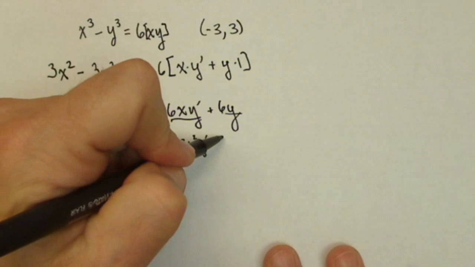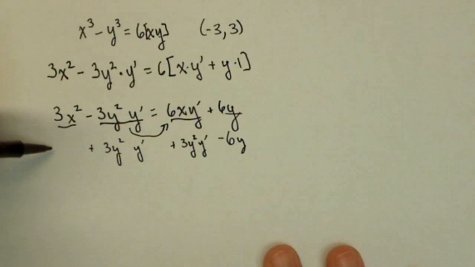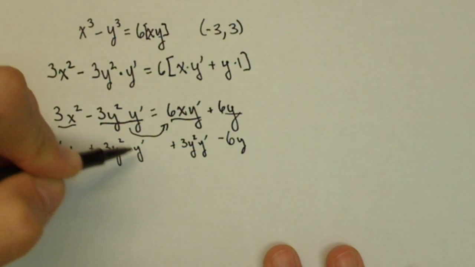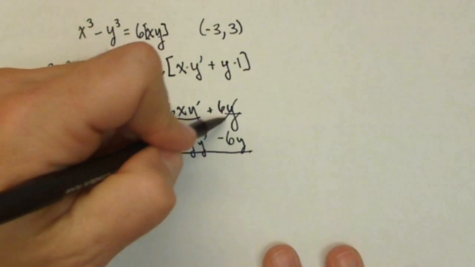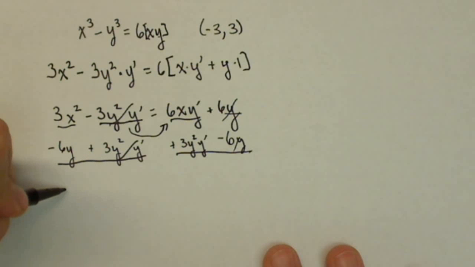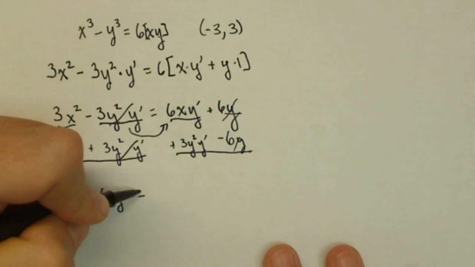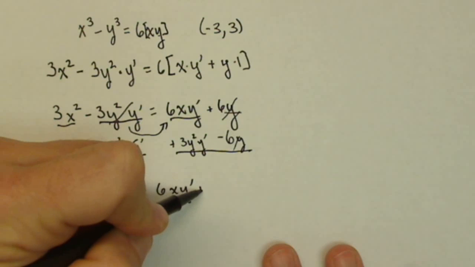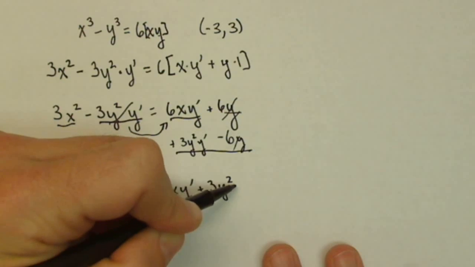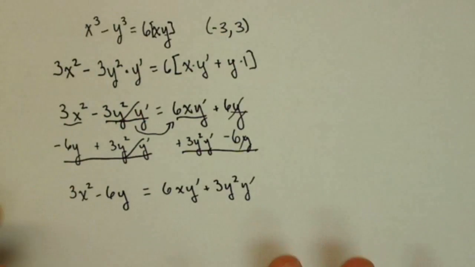This term I'm going to move by subtracting from both sides. So that gets rid of that over there. I end up with 3x squared minus 6y equals 6xy prime plus 3y squared y prime.